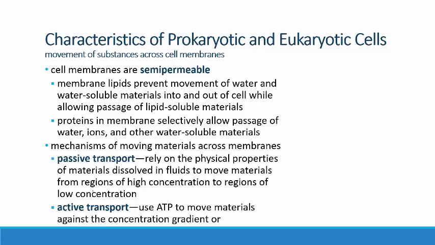So there are two large groupings of mechanisms. Passive transport, the types of transport that don't require ATP energy, but instead rely on the physical properties of materials dissolved in fluids to move materials from where they are in high concentration to where they are in low concentration. We'll see that this is described as diffusion, the movement of materials by passive forces from regions of high concentration to regions of low concentration.